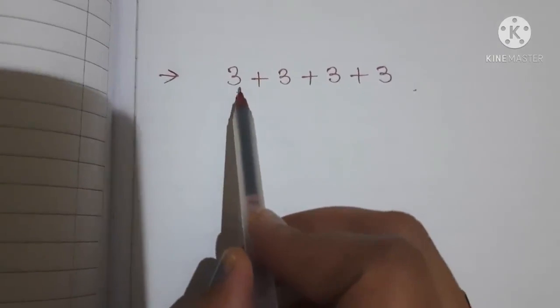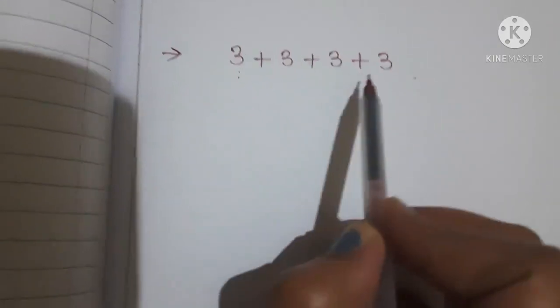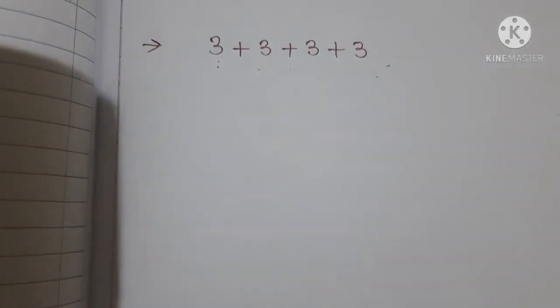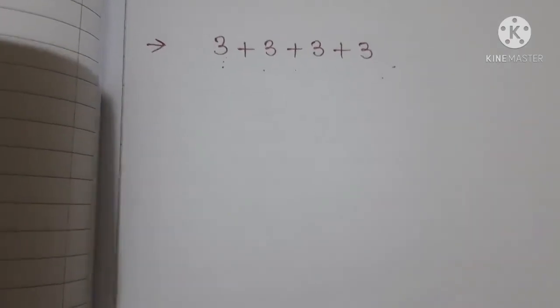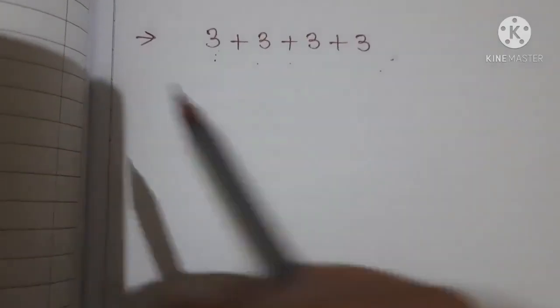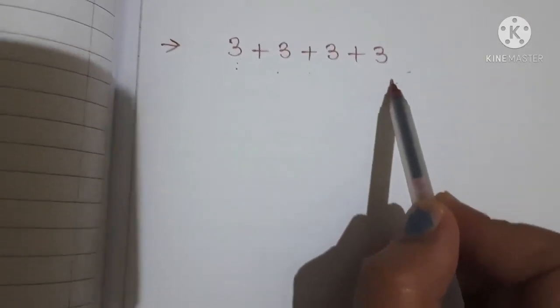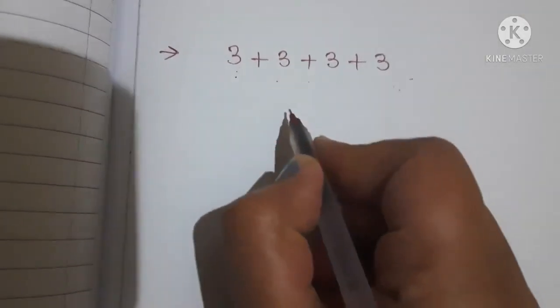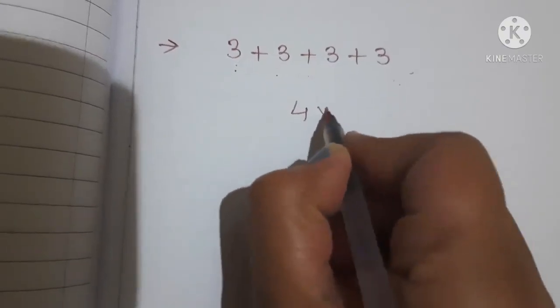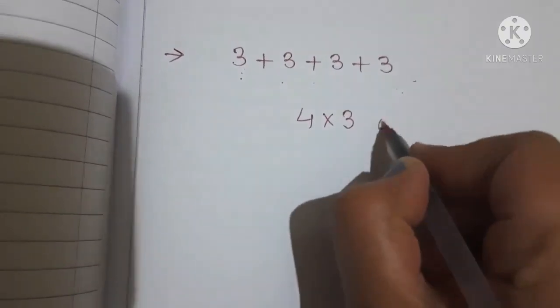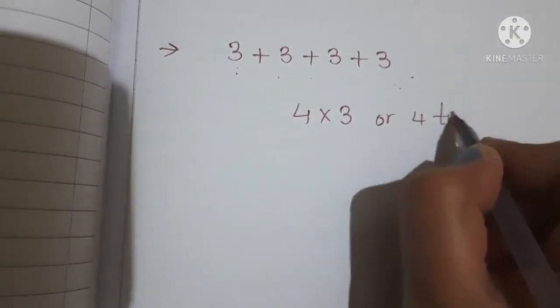Here I am adding number 3 many times. It means I am adding number 3 repeatedly again and again. Now how we are going to write this using multiplication sign? We are writing it as 4 times 3.